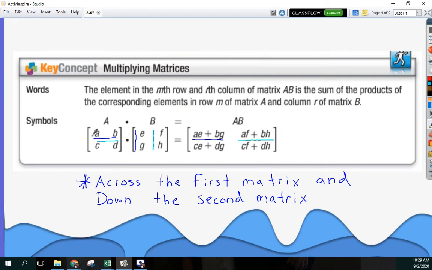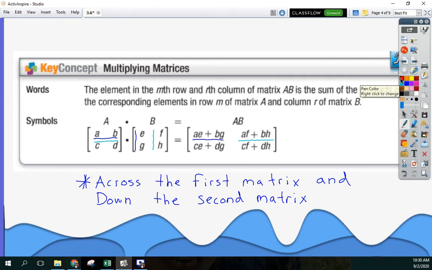Because I'm using the first row, second column, that's going to go in the first row, second column entry of my resulting matrix.